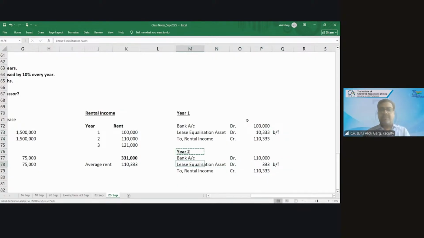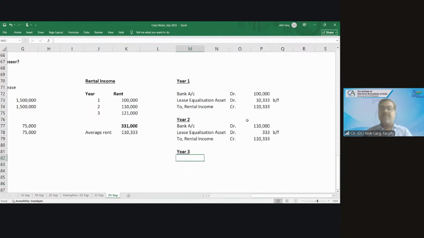What is the entry in year 3? Bank account would be debited by 1,21,000. Credit to rental income, 1,10,333. Where will the difference go?